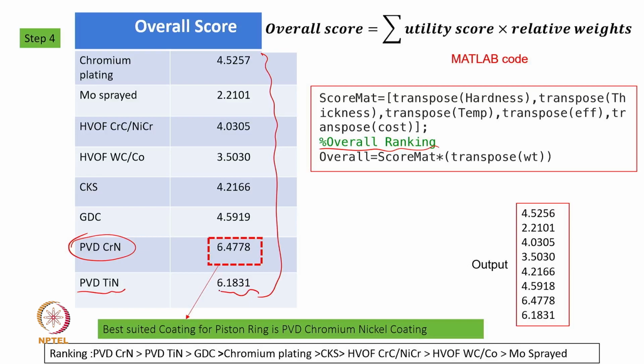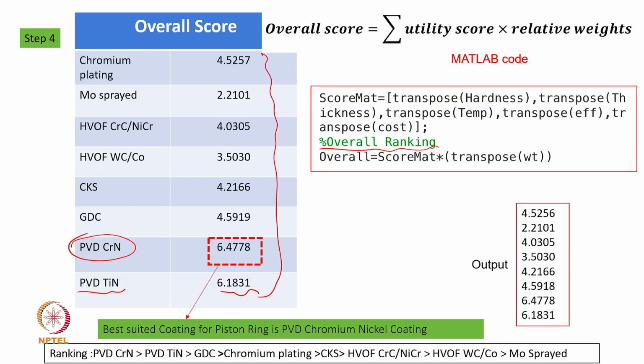It does not mean that PVD titanium nitride cannot be utilized. When we go for this kind of selection procedure, we may try to eliminate instead. So, if I have 10,000 coatings, I will try to eliminate, maybe keep the top 50 or top 25, and then do a detailed study of those, so I get better and better numbers.